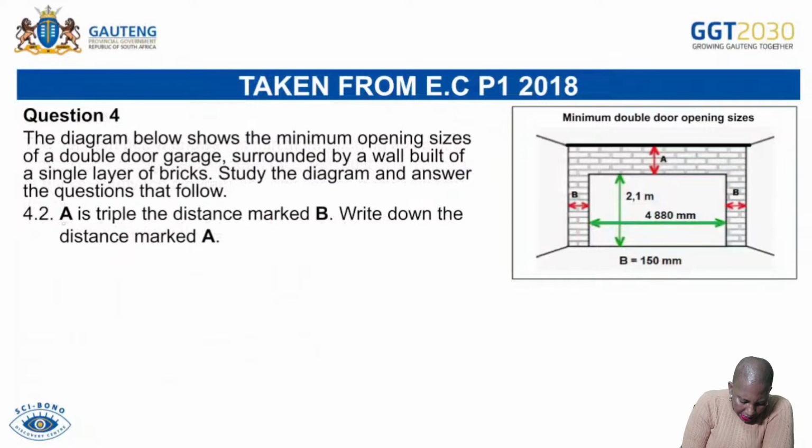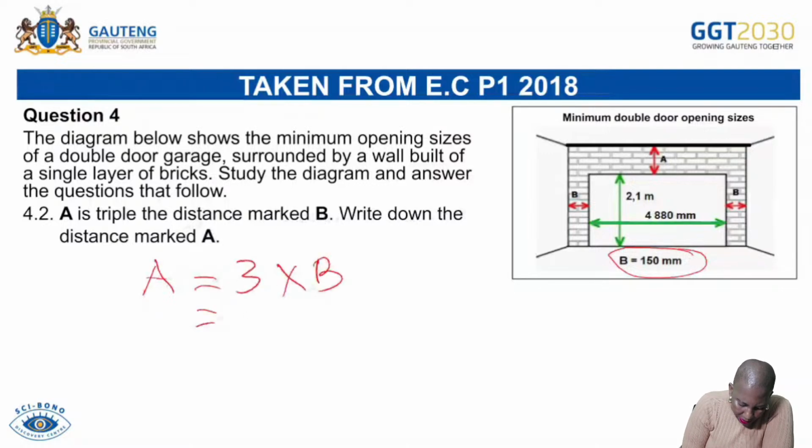And then it says A is triple the distance marked B. So what is the distance marked B here? It is 150 millimeters. Write down the distance marked A. So meaning A is equal to triple what?